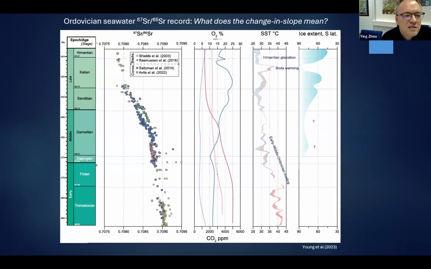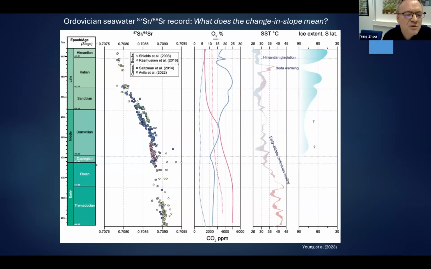It was originally interpreted as the weathering of an unradiogenic source, presumably exposed igneous rocks, which would be unradiogenic, and perhaps the weatherability of those rocks would sequester carbon dioxide and would be one of the reasons that you lead into glaciation. The timing of that doesn't seem to work anymore, but maybe that's part of the story here.